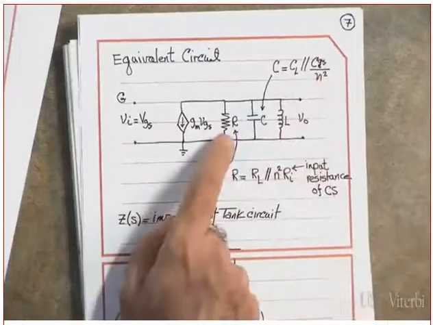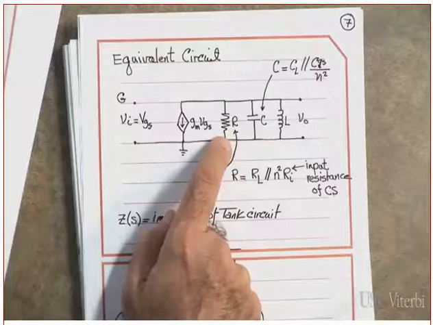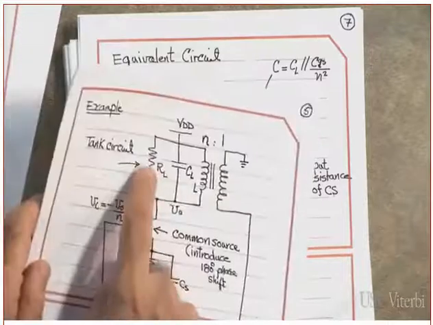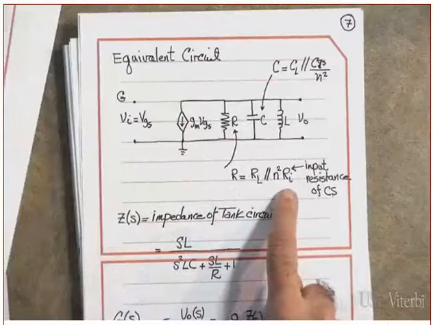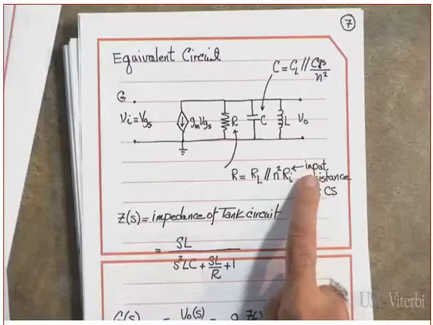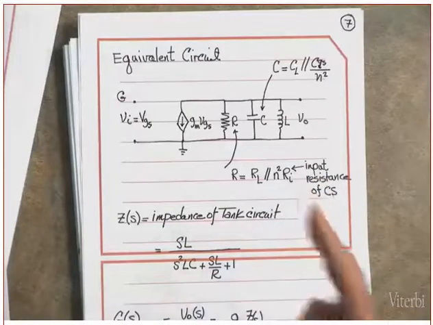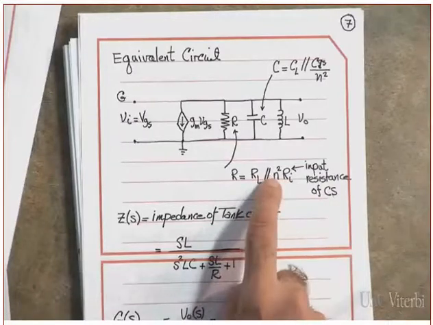This is the C. Can you tell me what is this R? This R here is the load resistance plus the input resistance of the common source fed back, divided by N square. How come this one is N square?